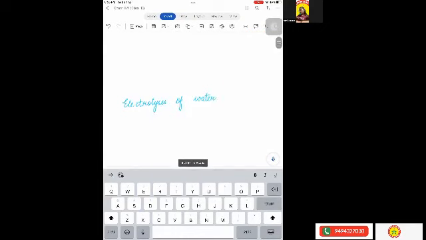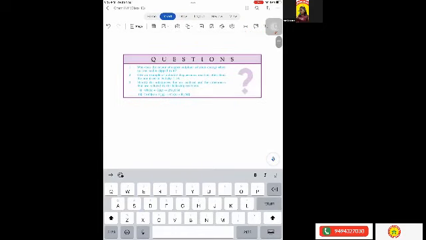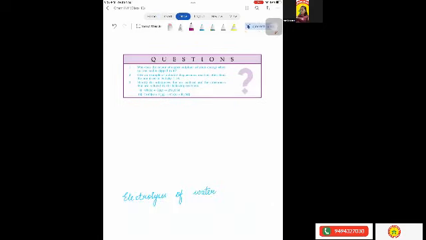So the first question involves the reaction between the copper sulfate as well as the iron nail. So copper sulfate reacting with iron leads to the formation of iron sulfate and copper, and that is why we see the color change from blue to green.